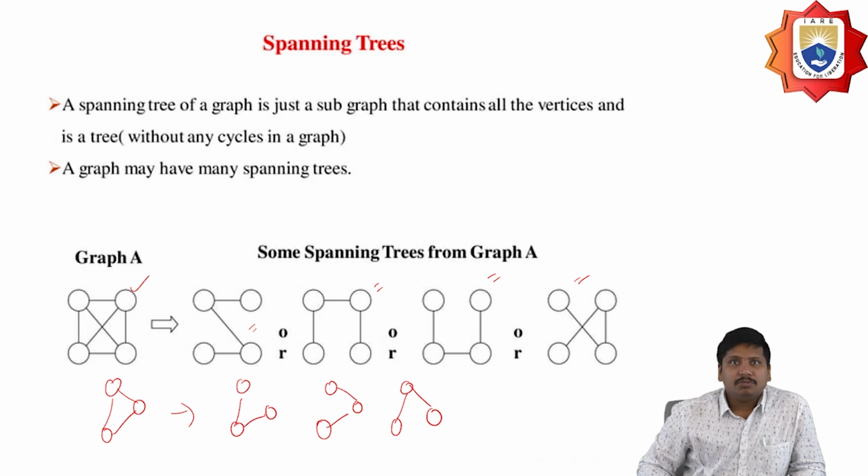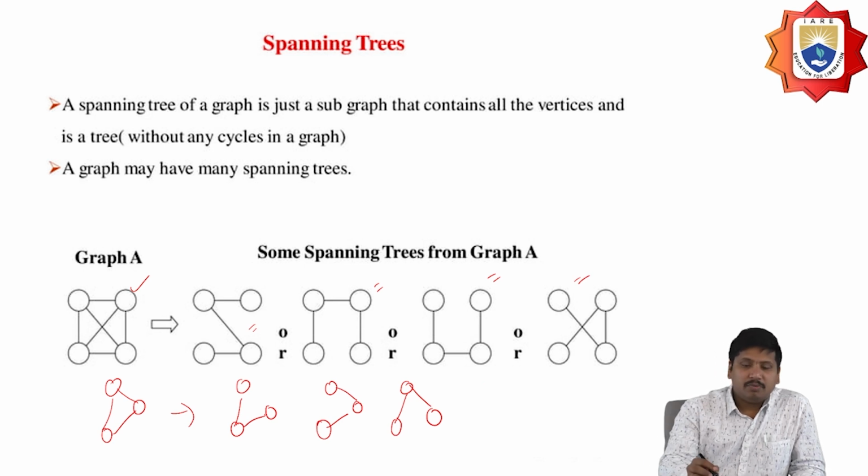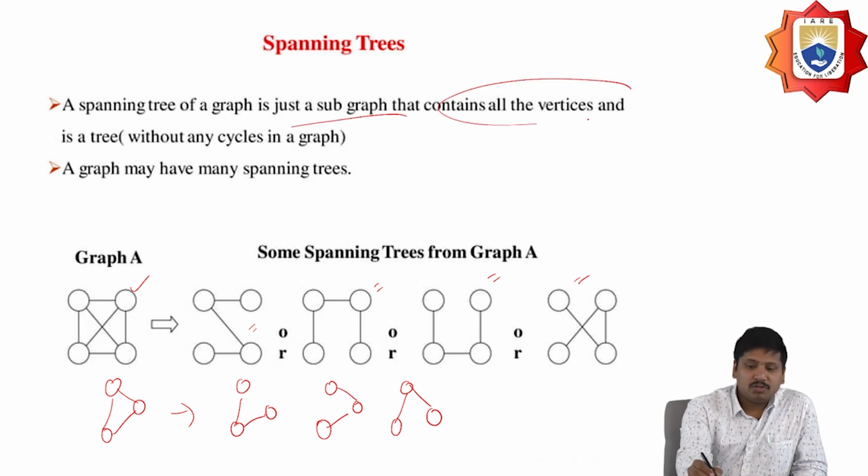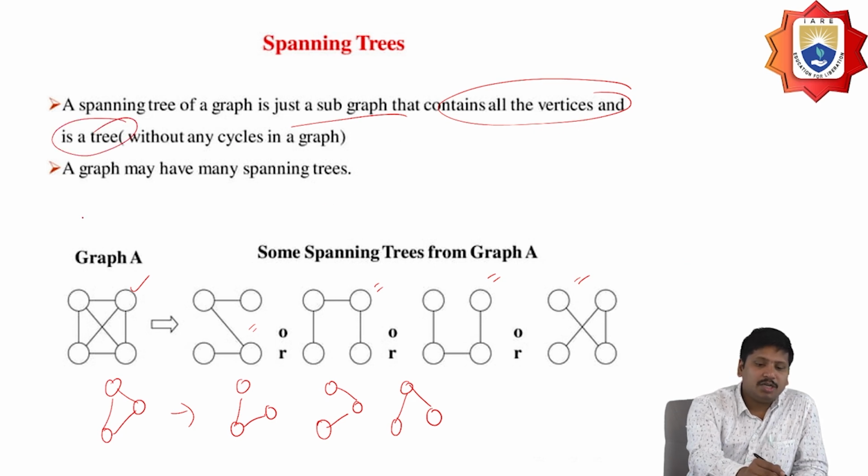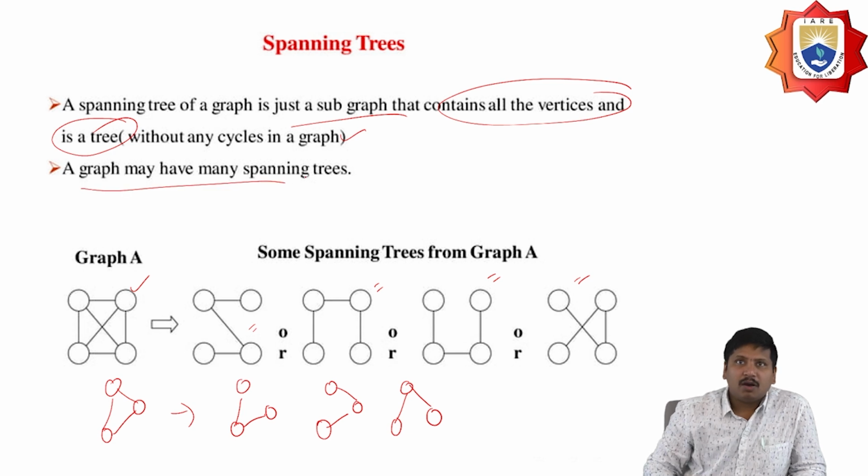So the spanning tree of the graph is nothing but a subgraph that contains all the vertices, and it is also a tree, without any cycles in the graph. And a graph may have many spanning trees.